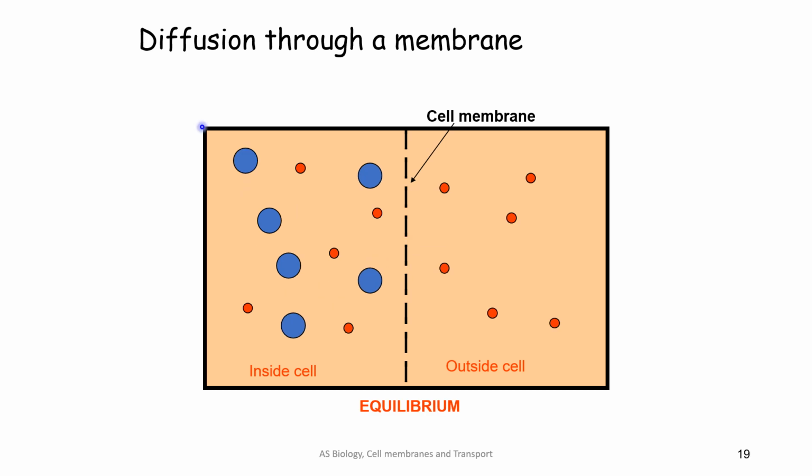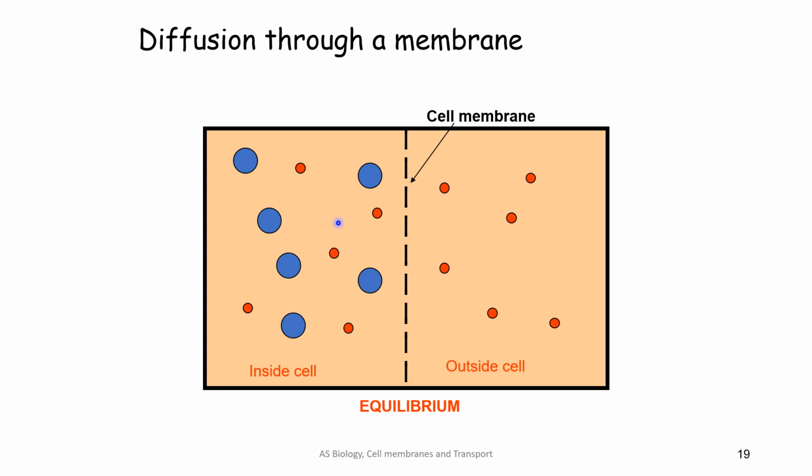So in this illustration, we had these small red molecules on this side and none on the outside of the cell. These blue molecules, we'll call them sugar molecules, are too large to move through this cell membrane. So if this wants to reach equilibrium, these smaller molecules need to go through.